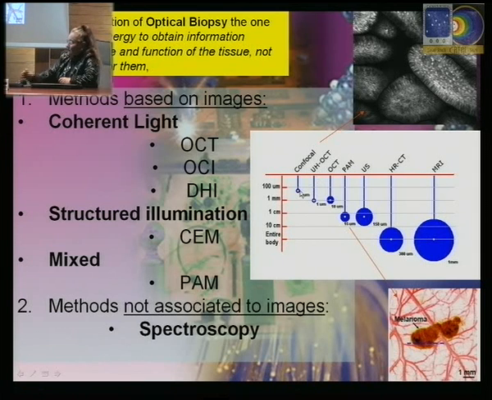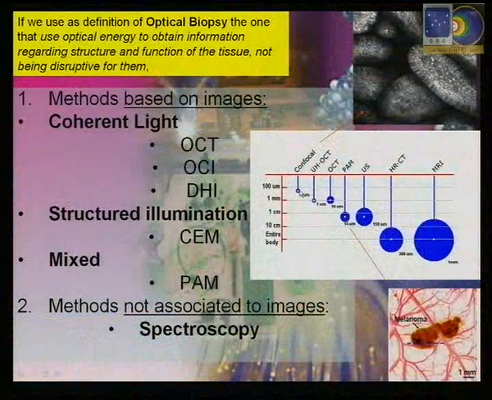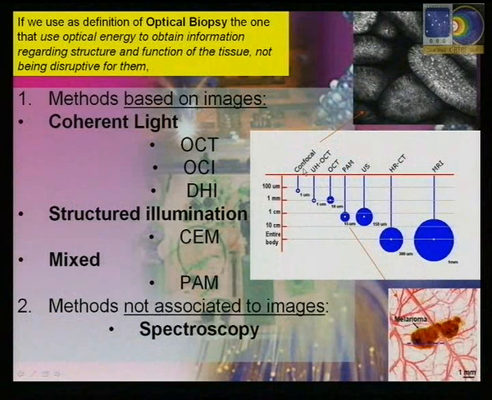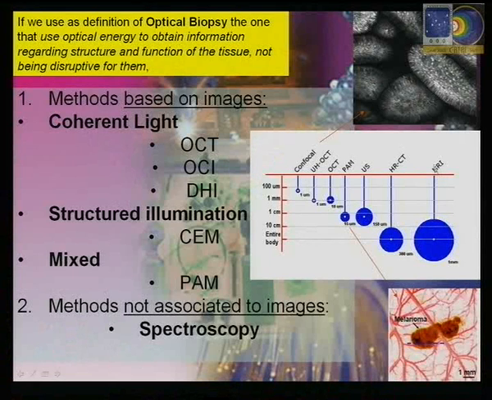And the resolution, that means the distance between two points that it is able to discriminate, goes from 0.5 microns at the present moment in confocal microscopy to big details as it happens in classical MRI, because there are also specific types of MRIs that have microscopic resolution.